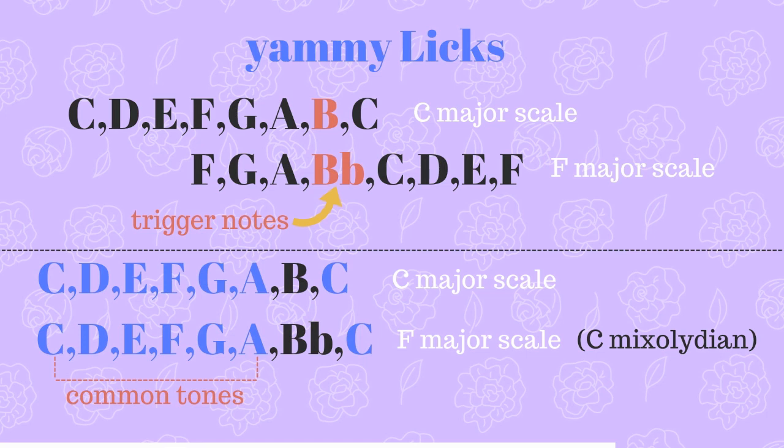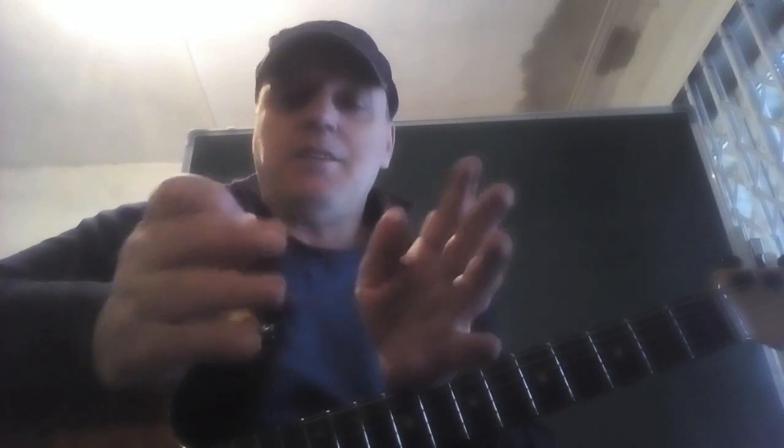Let's examine how we're going to use the trigger notes, the common tones, or a mixture of those in our improvisation. I have to play a situation of modulation, an easy one here, because we have only one flat of difference. It's a very easy and very close modulation. I have the first case with one trigger note, and the second case with many common tones.